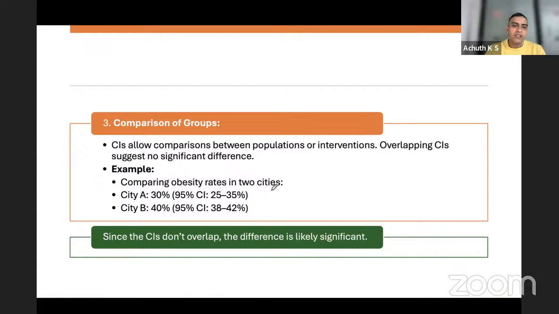When you compare obesity in 2 cities, in city A it is 30%, at 95% confidence it is 25 to 35%. In city B it is 40% in the range of 38 to 42%. The confidence interval varies for both the cities, and you can test whether the difference between these two is significant or not.